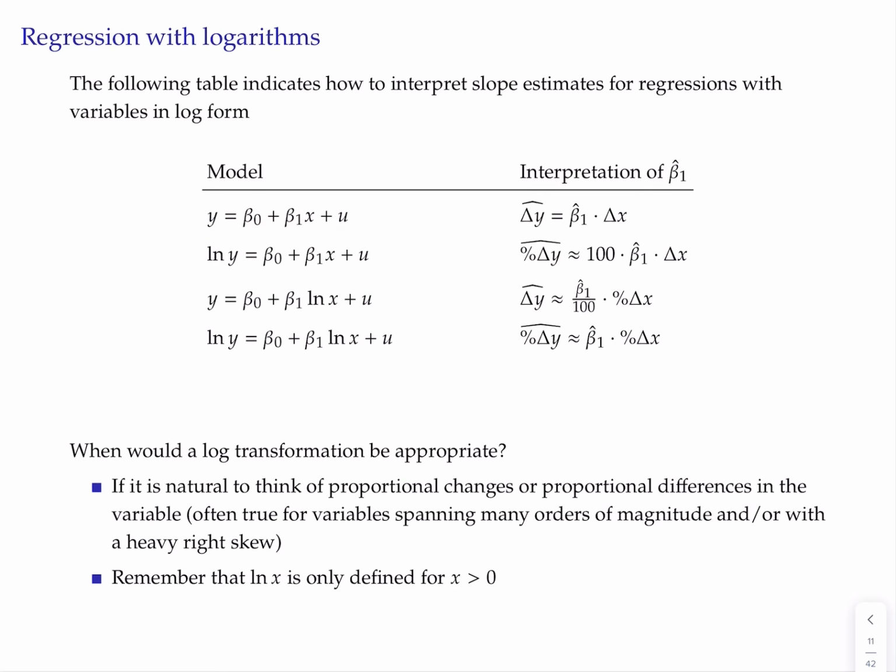If this is log earnings on years of education, then for a change in education, we can take our slope estimate and scale it from proportion to percent. That's what the 100 is doing, and say there's a certain approximate percentage change in the underlying y variable, which is earnings. Notice that even though y is in log form over here, there's no log function over here. That's what that property we just looked at is doing.